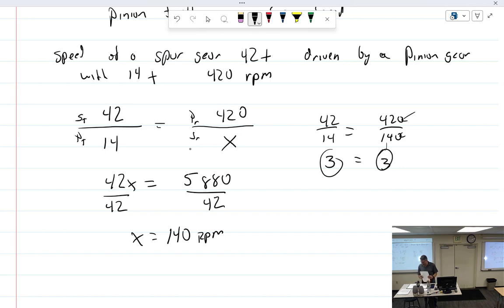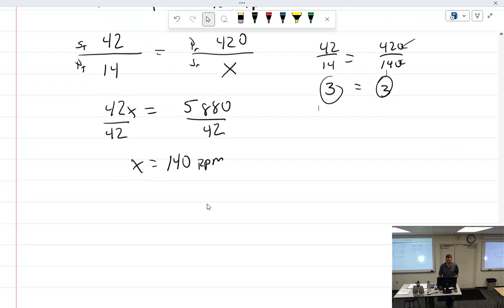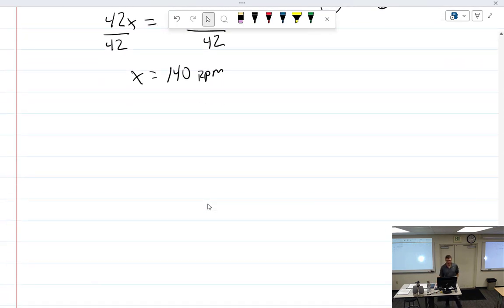What is the speed ratio? Oh, this is a little bit different. Wait a minute, is that the same question? No, okay.